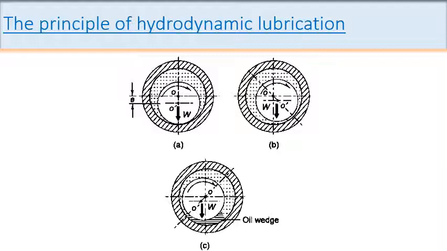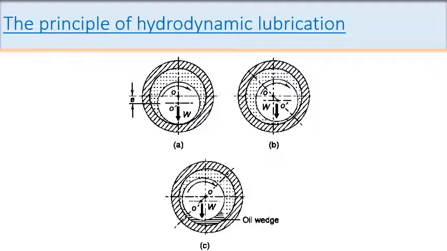Suppose now the journal starts to rotate in the clockwise direction. As the journal starts to rotate, it starts to climb the surface of the bearing as shown in figure B, and there will be a slight movement of the oil or lubricant in that direction.